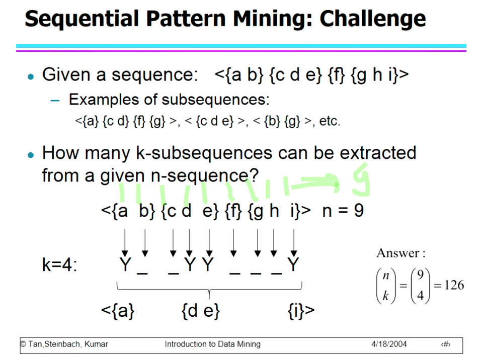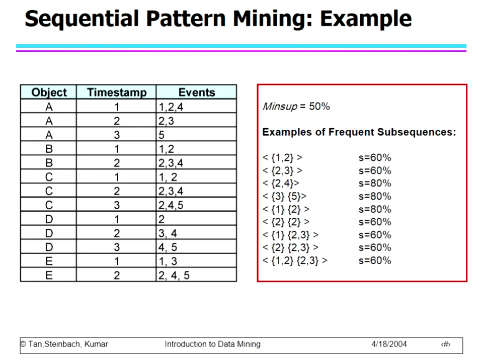And we have 4 items, 1, 2, 3, and 4. So with 9 items and 4 events, we can find 126 possible subsequences.